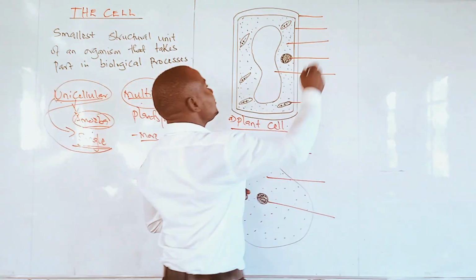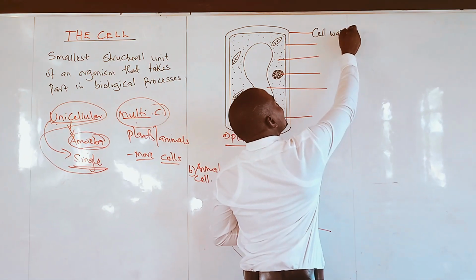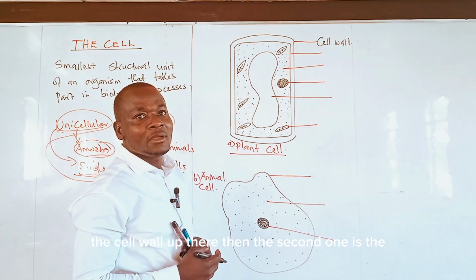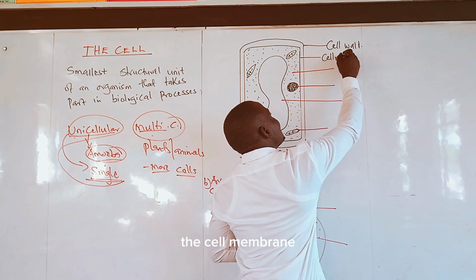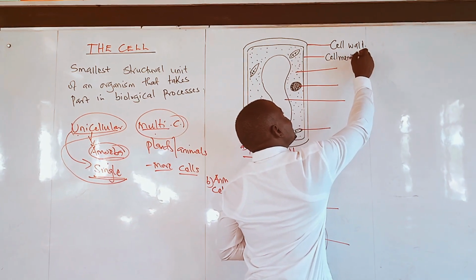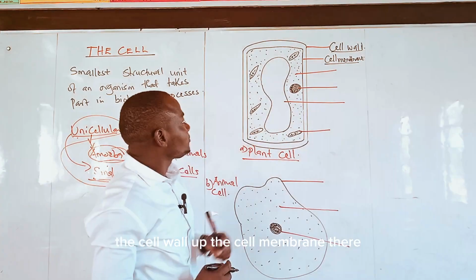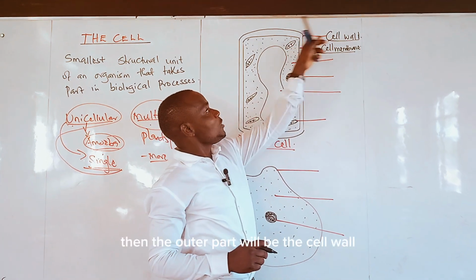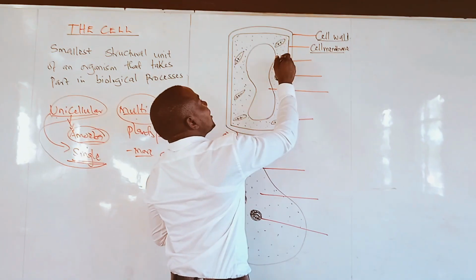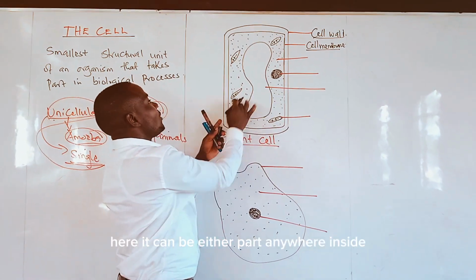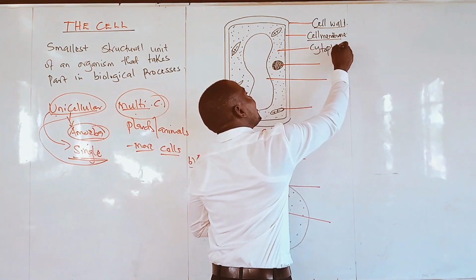So the first one, under the plant cell, is what we call the cell wall, up there. Then the second one is the cell membrane. If you are drawing, the outer part will be the cell wall, then the inner part, the cell membrane. This one here, which can be anywhere inside, is what we call the cytoplasm.